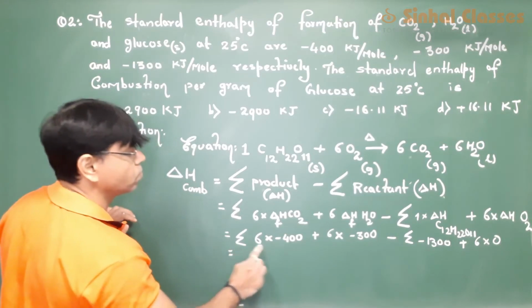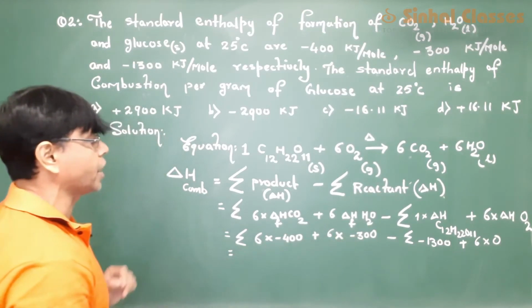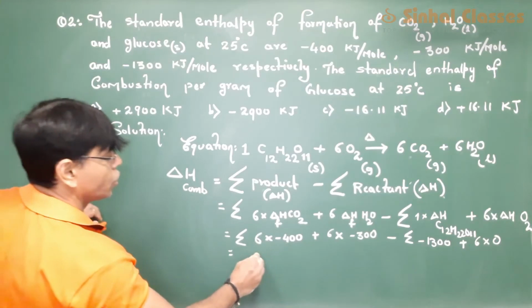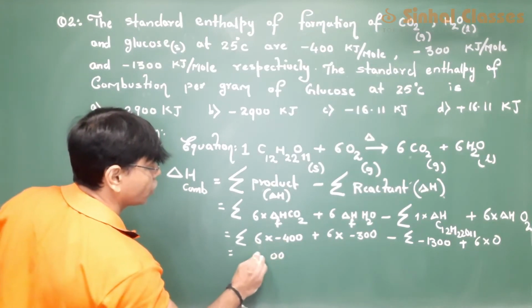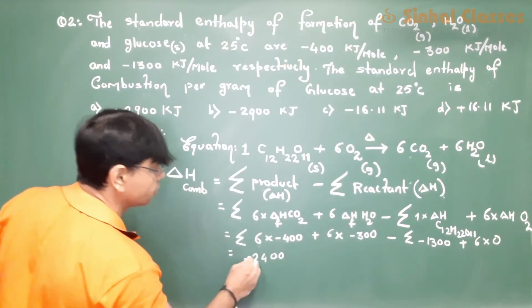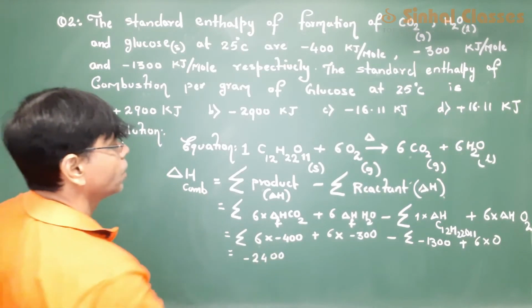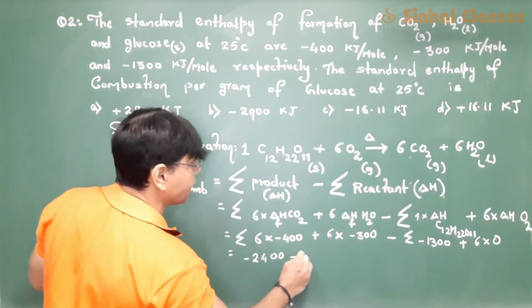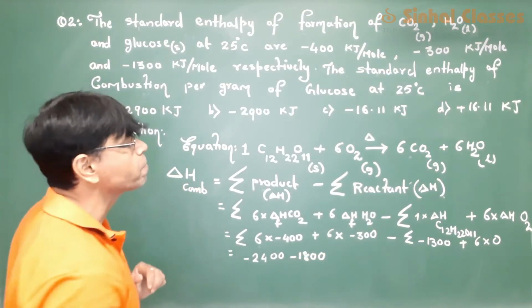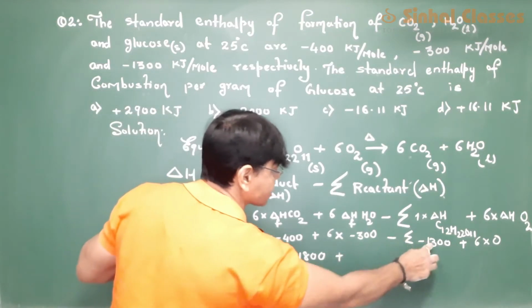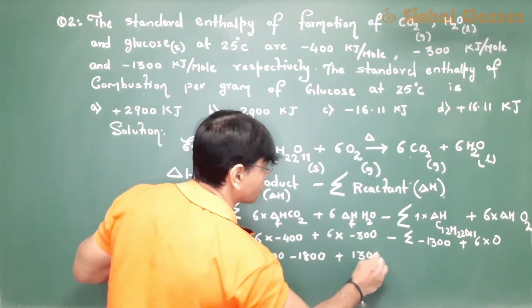Now just summarize the whole thing. 6 fours are 24, 6 threes are 18, so it is minus 1800, minus of minus plus 1300.